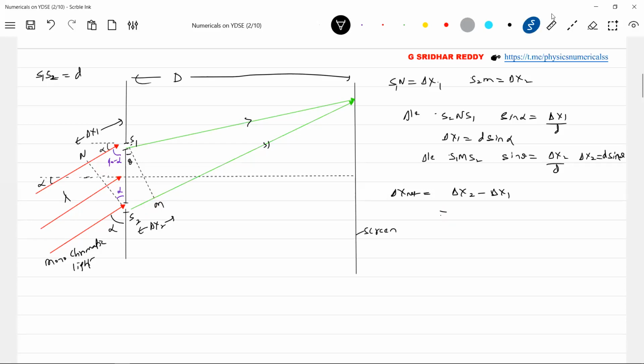So what is the value of delta x2? d sine theta is equal to d sine alpha. As d is very much greater than the wavelength, this d sine theta will become d tan theta.